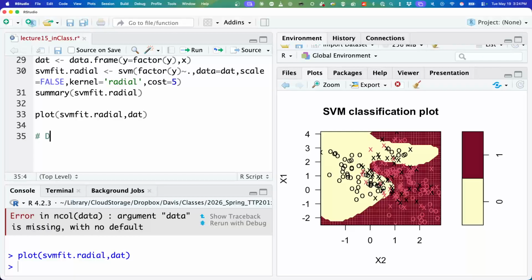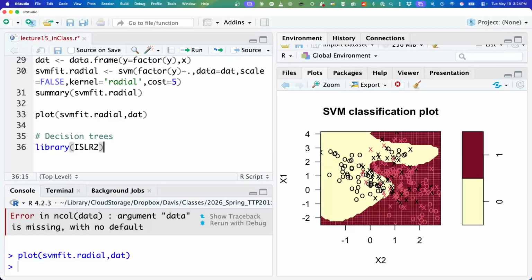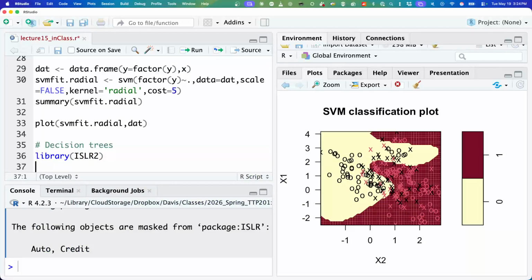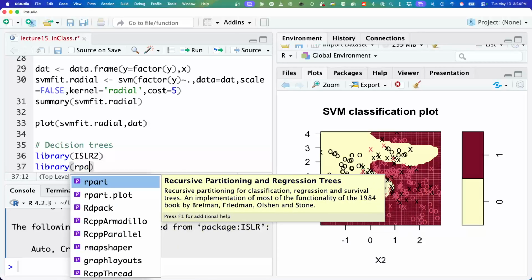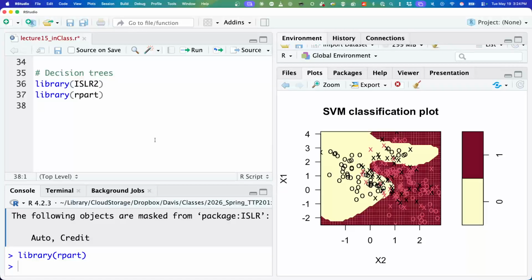So we are going to do decision trees. We're going to load in a couple of other libraries: ISLR2, which has nice data sets that we can use as examples.